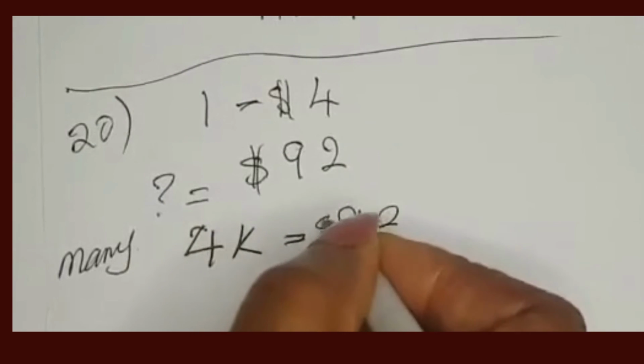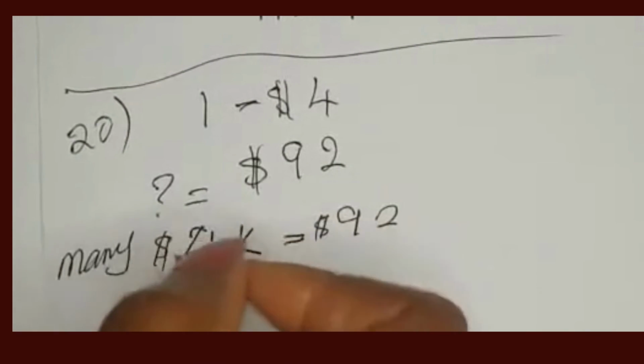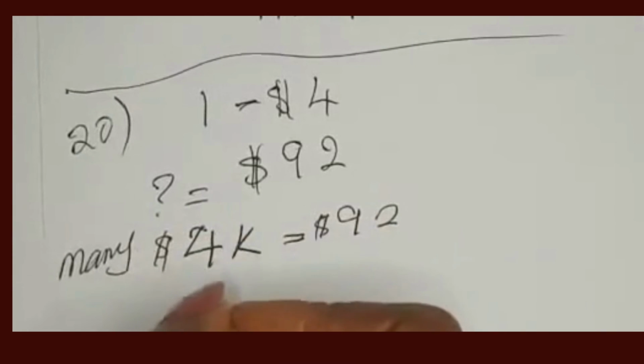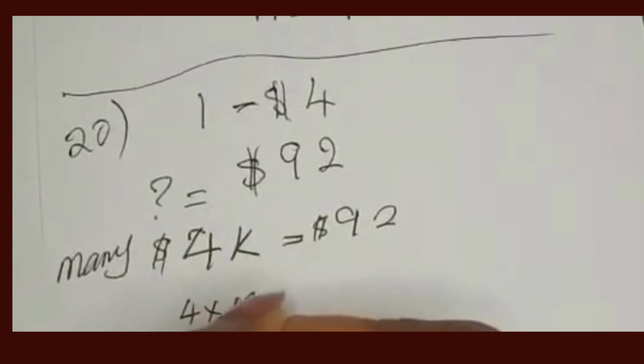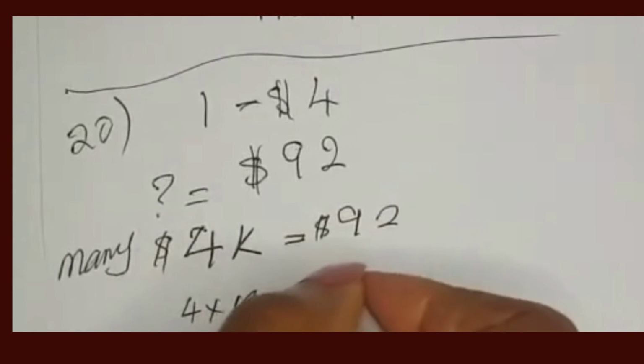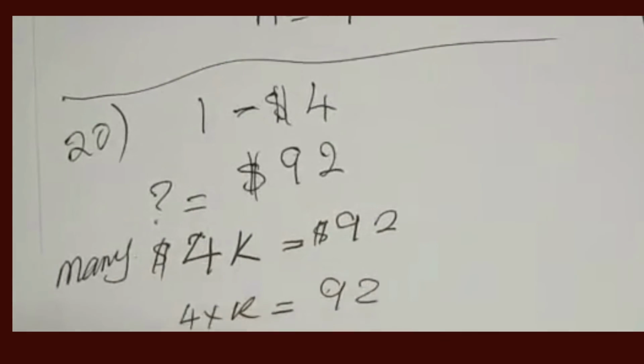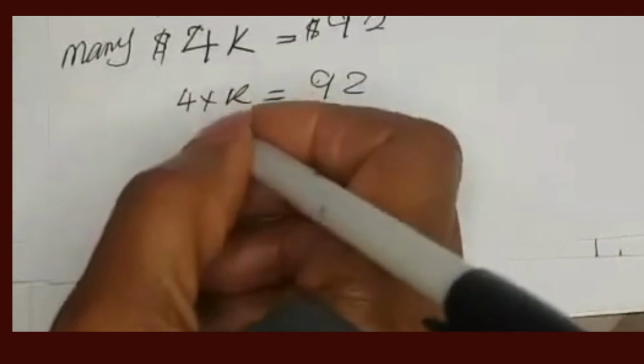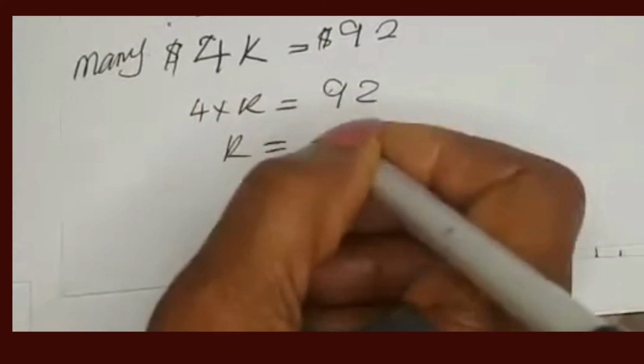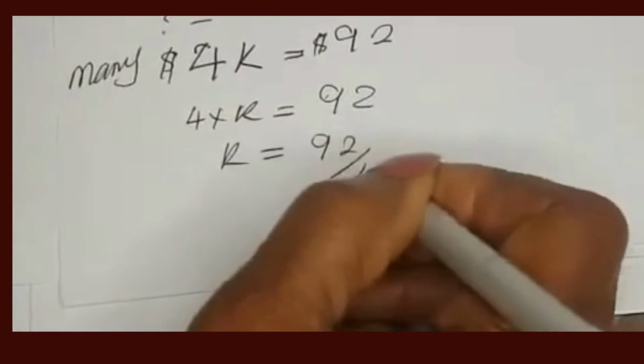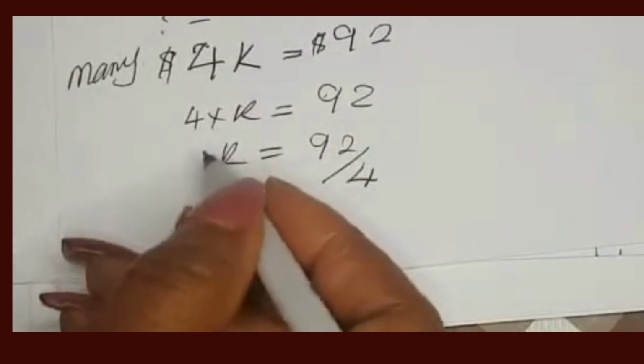We don't know how many candles he bought, but we're going to find out. This means 4 times K equals 92. So what is K? K equals 92 divided by 4, because it's multiplication here already.